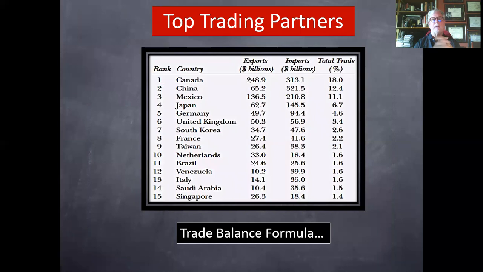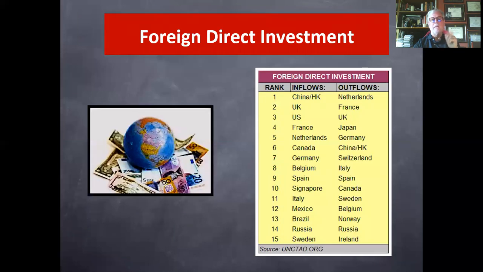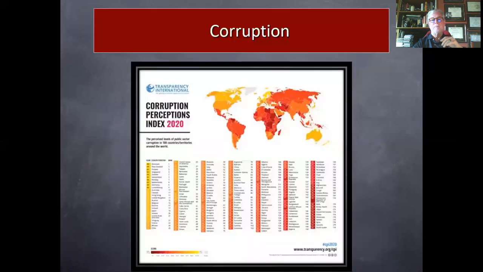And here's a look at our trading partners in terms of numbers. And here's our trading partners in terms of inflow and outflow. So China basically is great for inflow, as you can see and as we all know.